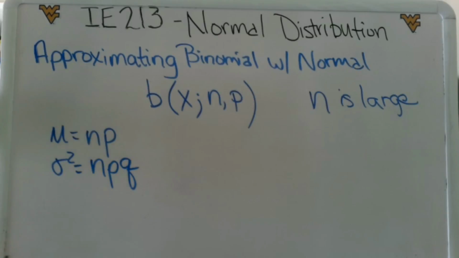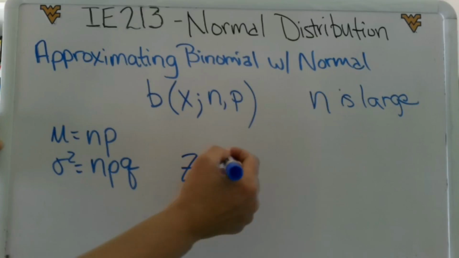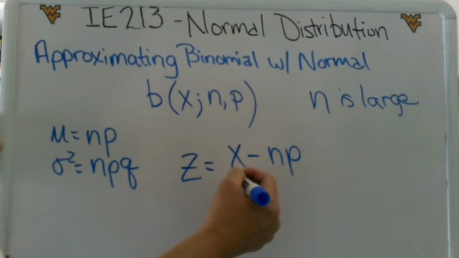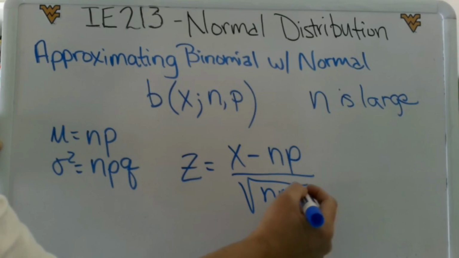And remember, q is the probability of failure, which is 1 minus p. Then the limiting form, our z transformation, would be z equals x minus np divided by the square root of npq.